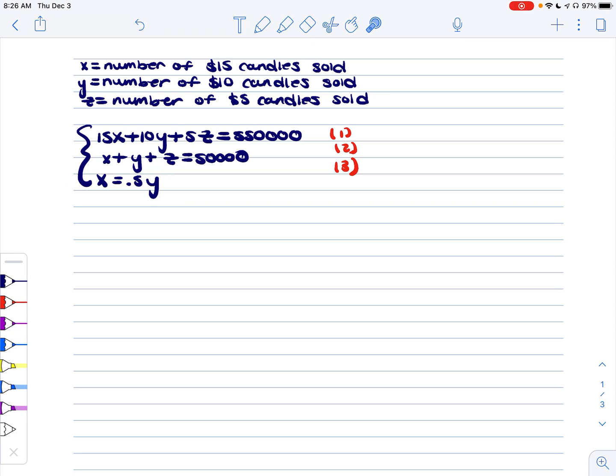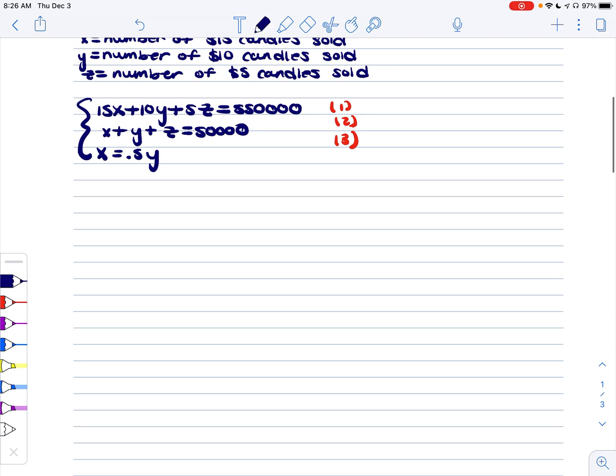We don't have to do anything with it. But since it's missing the z variable, we put the 1 and 2 equations together, eliminate z, and then that will go with this third equation to form our 2x2 system. So we only need to create that one pair and eliminate our variable that's missing from the third equation.